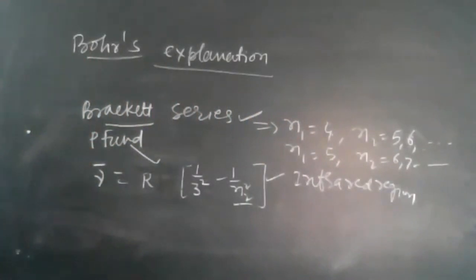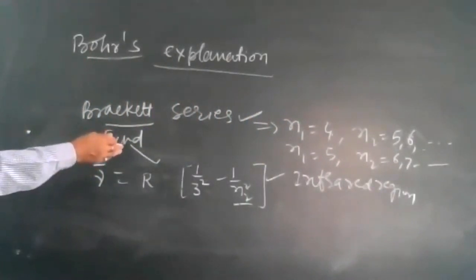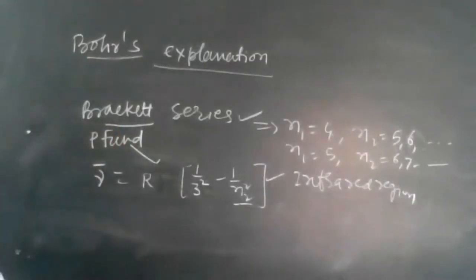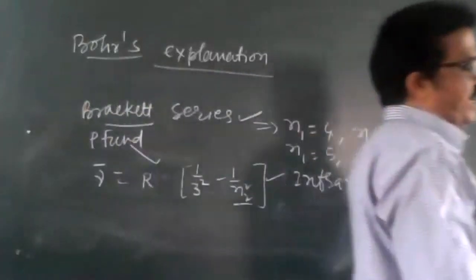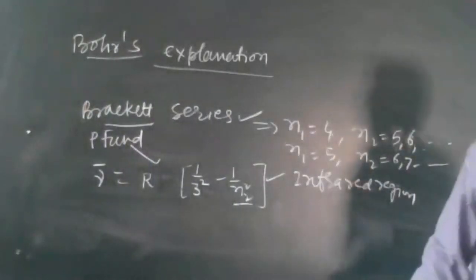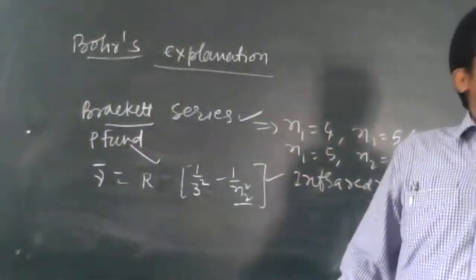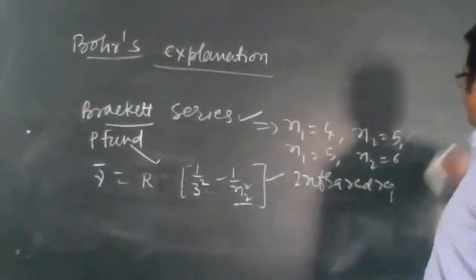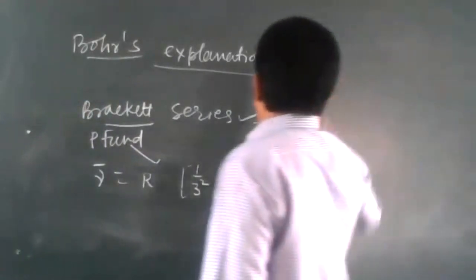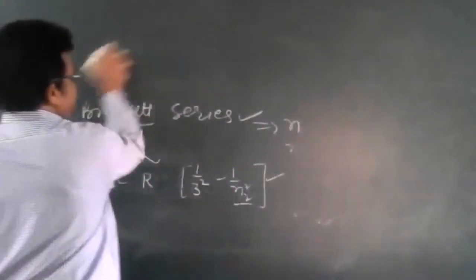Okay, so I can draw the diagram here for the various spectral series of the hydrogen atom. Write down Brackett series and Pfund series. Then I am going to draw a diagram here to explain how these electrons jump from higher orbit to lower orbit in various situations. Here say our nucleus.